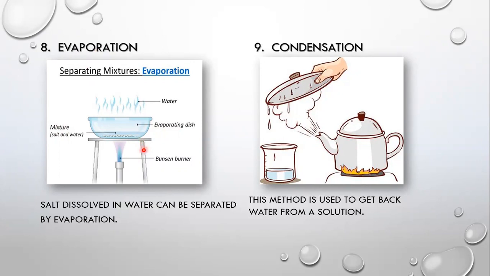Here the Bunsen burner is used, an instrument used in the laboratory for heating, but we can keep it on the stove and heat the water. On heating, the water starts evaporating and the salt will remain in the dish. That way we can get back the salt that is dissolved in water.